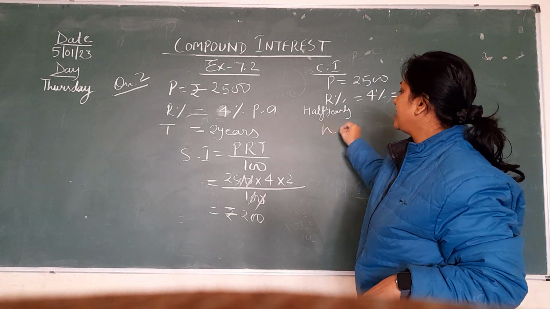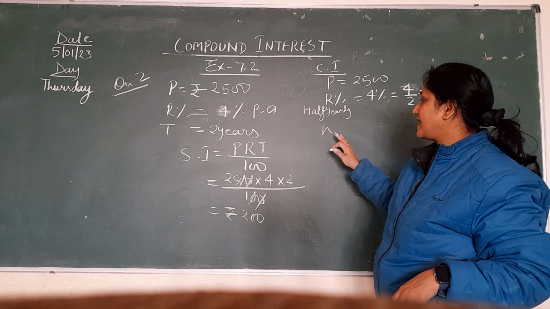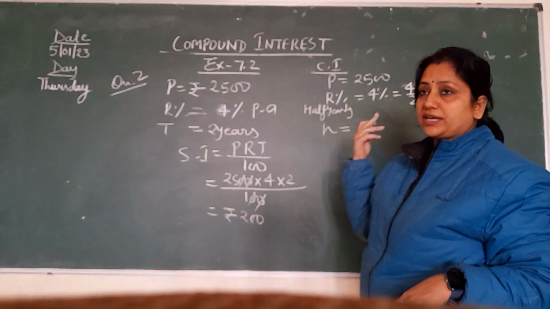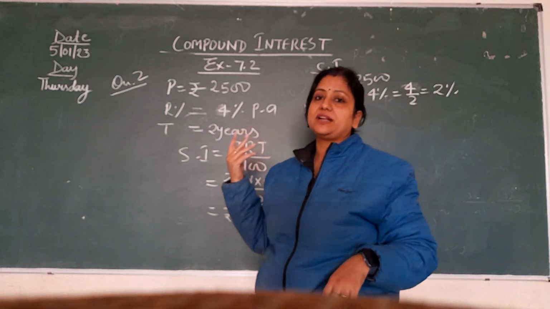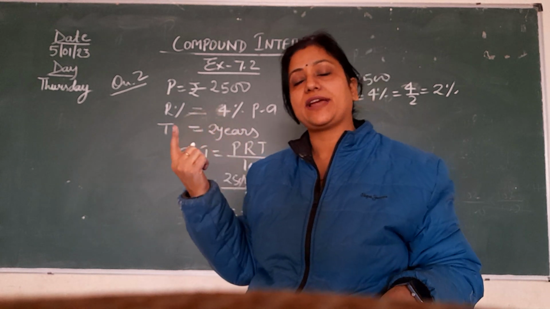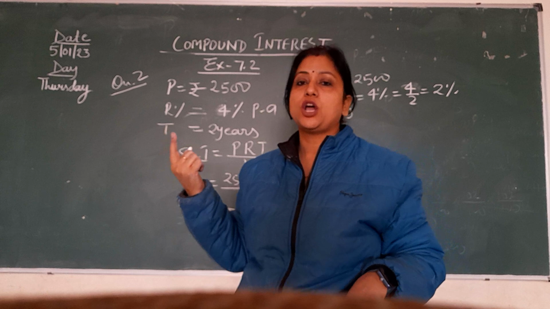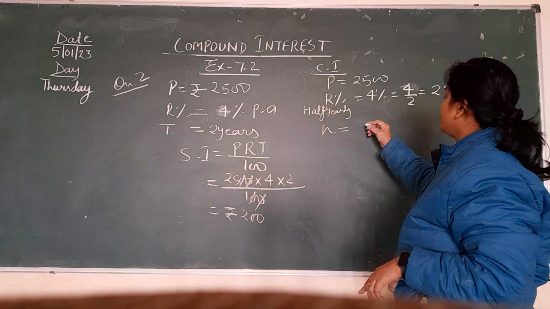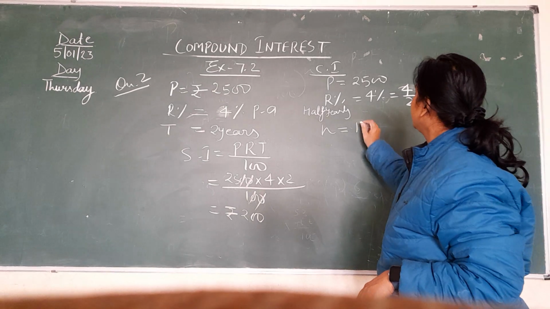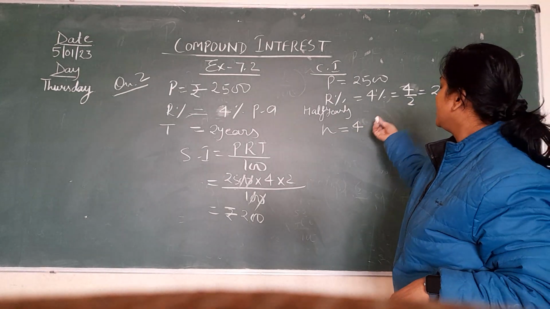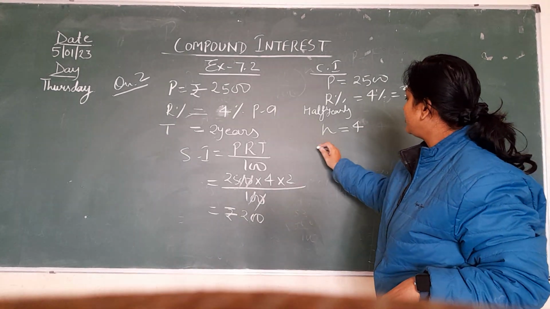And your time period in case of compound interest we will write as n. So n is equal to, because there are 2 years, and we know that 1 year is 12 months, and again the second year is 12 months, so 24 months, and 24 months divided by 6 is equal to 4. So n is equal to 4. Okay, now we'll put the formula.